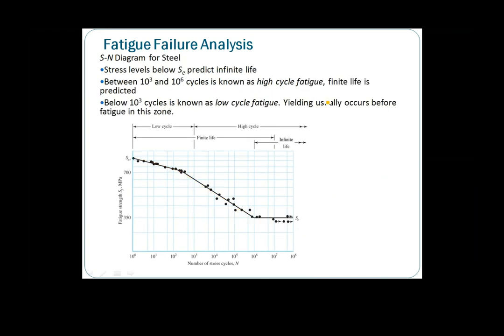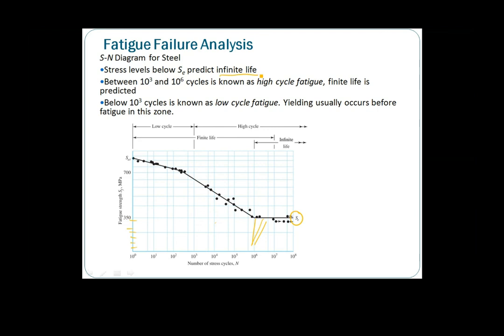So this is your endurance limit, Se. Any stress below this Se will not have fatigue. If you don't have fatigue, then it's safe and you have an infinite life. You won't have failures, meaning this material has an infinite life.